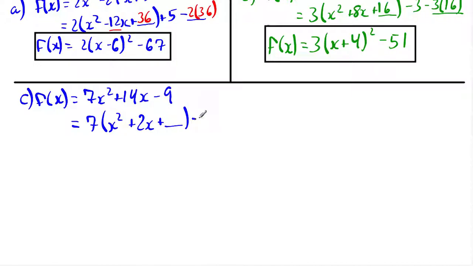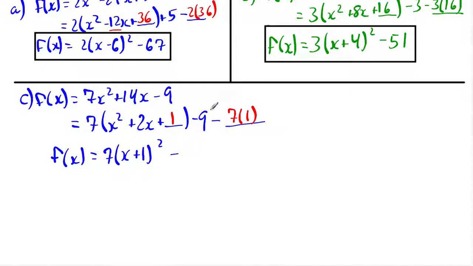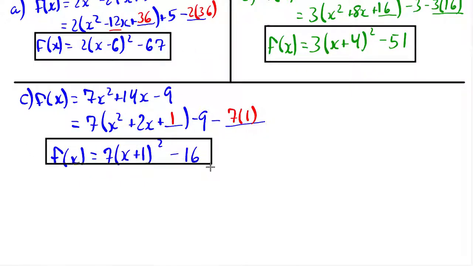We're going to have a plus something, minus 9 minus something. So here, this is 2 divided by 2, which is 1. 1 squared is still 1. And we're going to subtract the 7 times 1. So we end up with f of x is equal to 7 times (x plus 1) squared, minus 9 minus 7 is minus 16. And so that is our final answer.